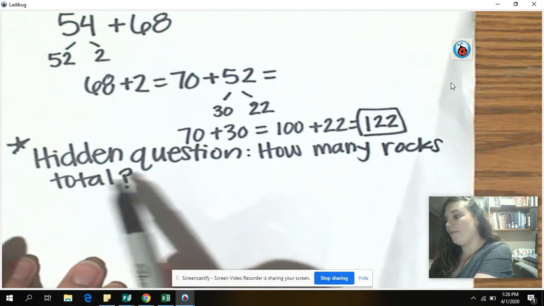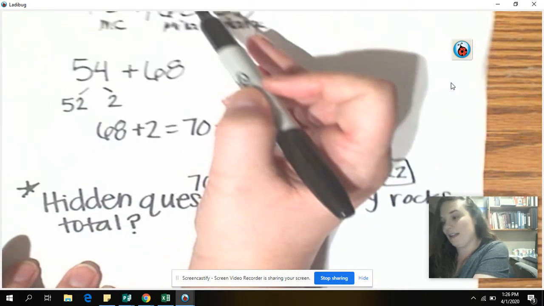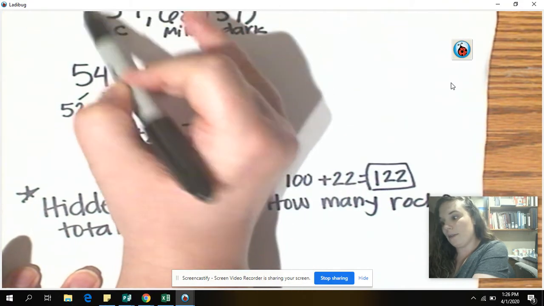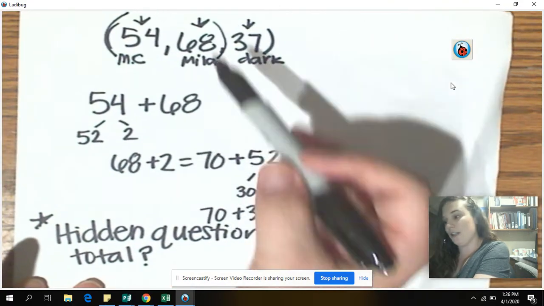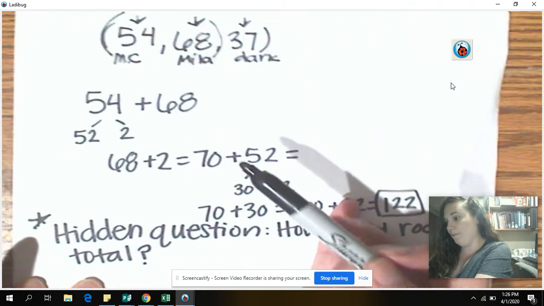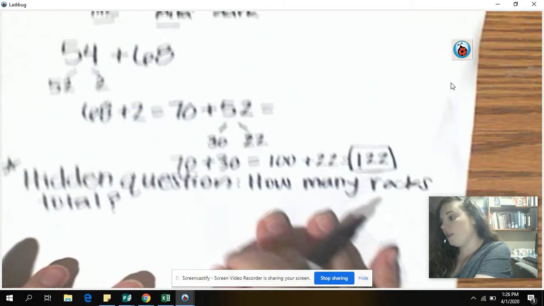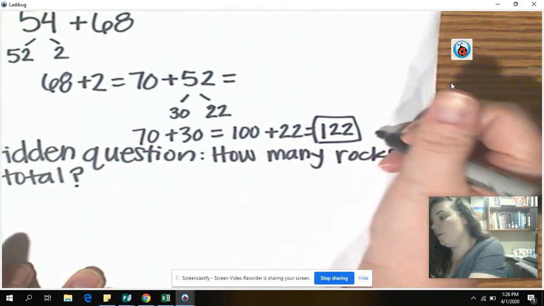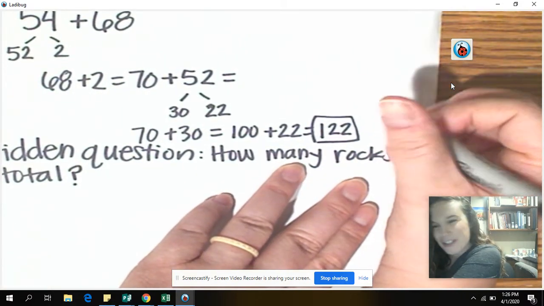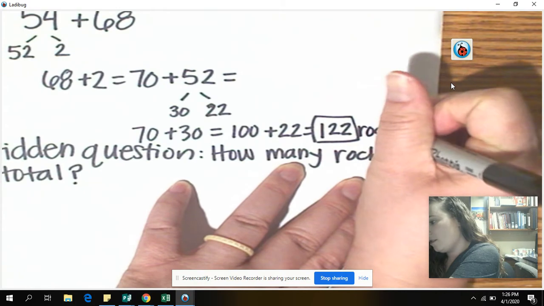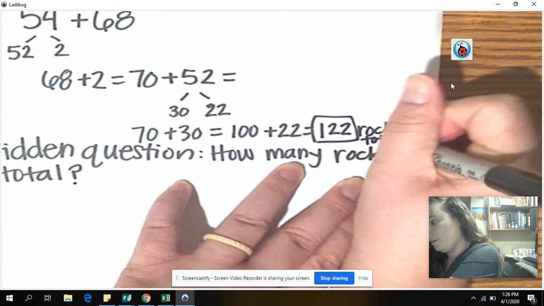We added those two numbers together, which gives us the total amount collected by me and Mila. So we know that there are 122 rocks total.